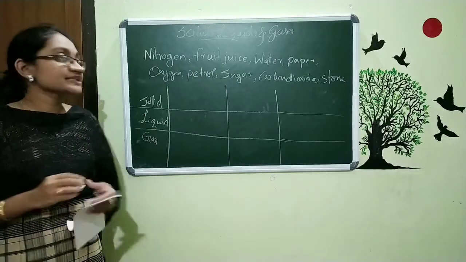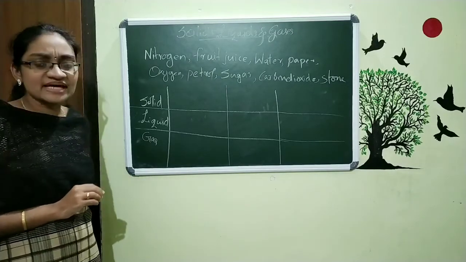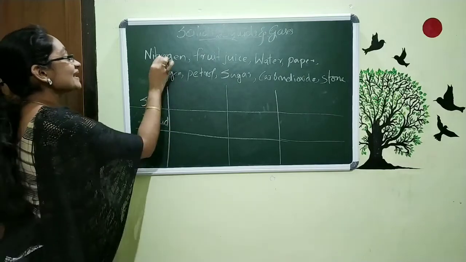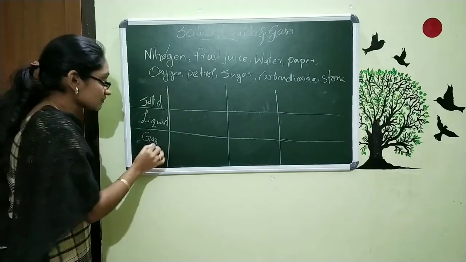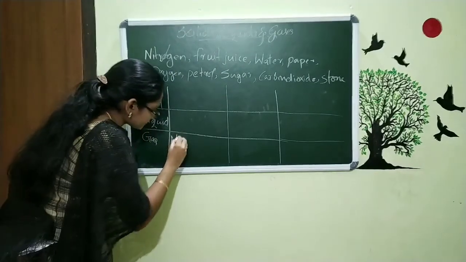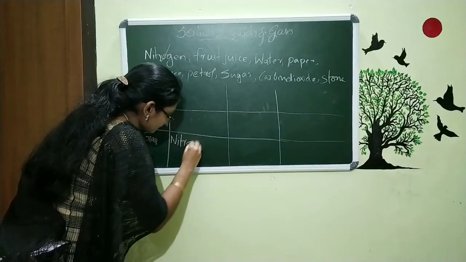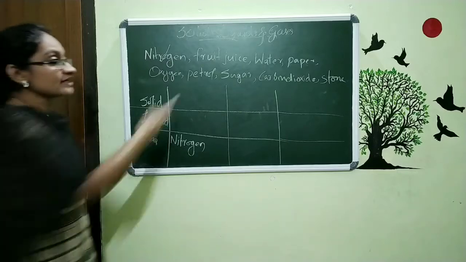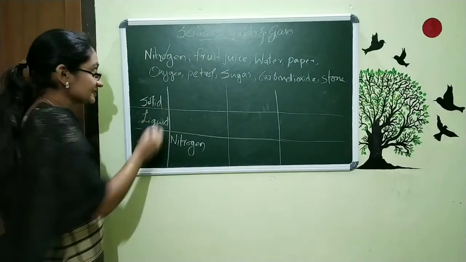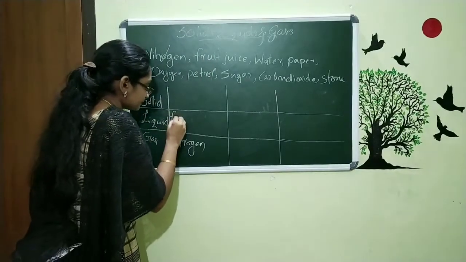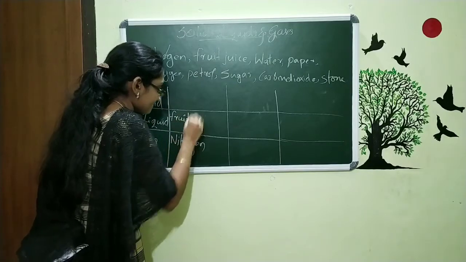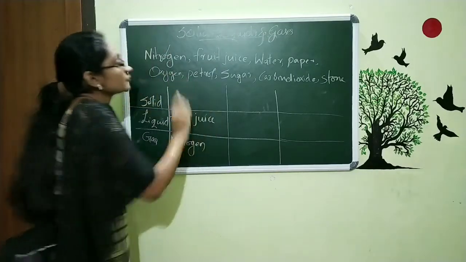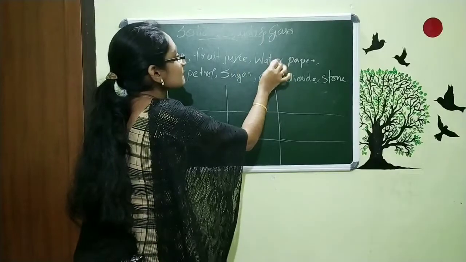I hope you completed your work, and what is the answer for that? This nitrogen is what? Gas. Next is fruit juice. What is this fruit juice? That is liquid. The next is water.